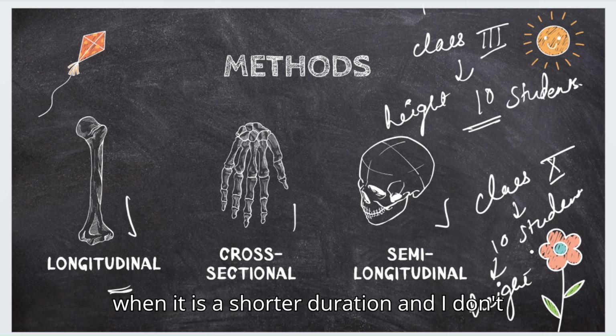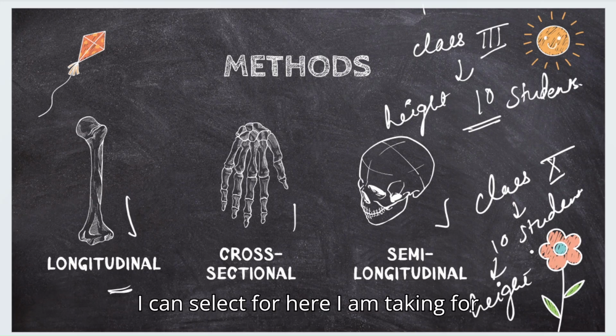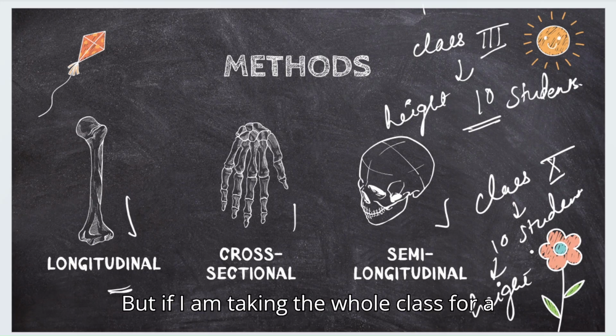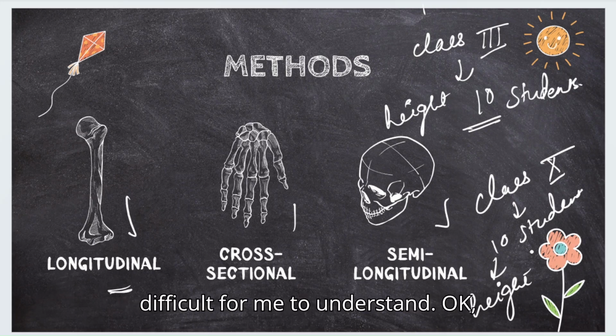When it is a shorter duration and I don't need to keep the data for such a long time, it will be less tiring and less expensive for me, and I can get larger samples. Here I am taking 10 students for example, but I can take 50, 100, I can take the whole class. But if I take the whole class for a longitudinal study, it will be very difficult for me.